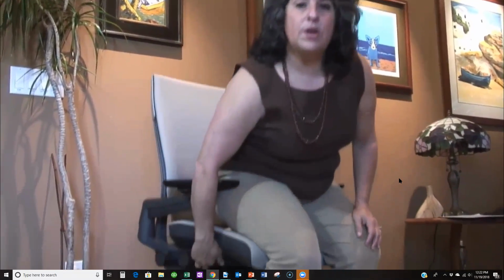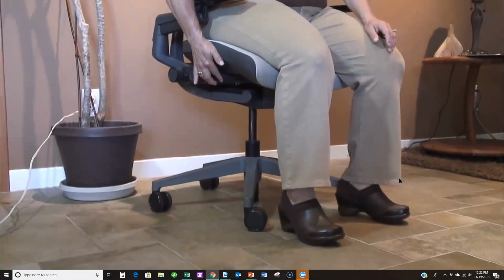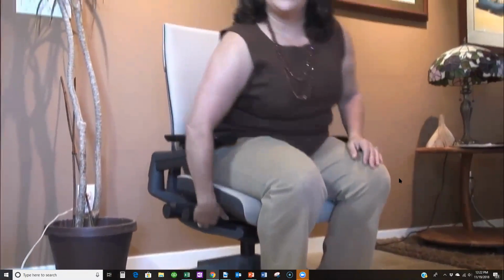Operational mechanics is the next feature we are going to assess. The cylinder is a critical component of operational mechanics and the most likely area for the chair to fail. You want to assess the competency of that cylinder, that it holds its position. If you sit in the chair and it drops a few inches, that's poor quality and likely to fail.